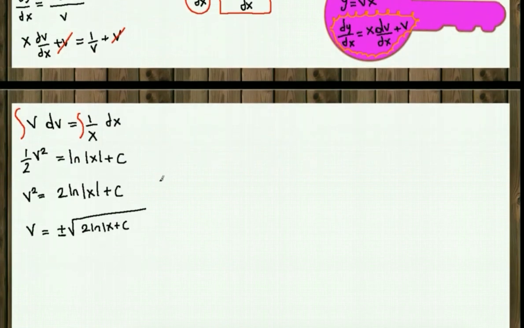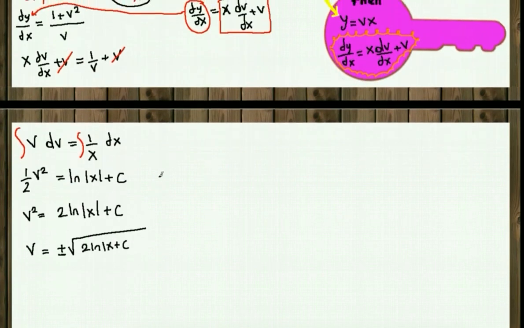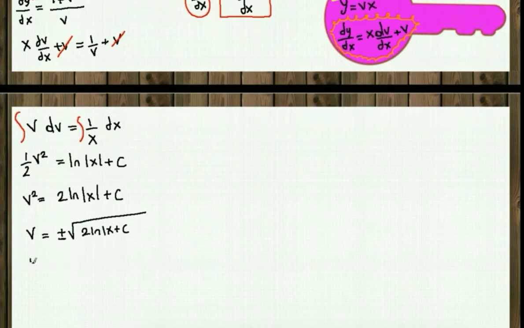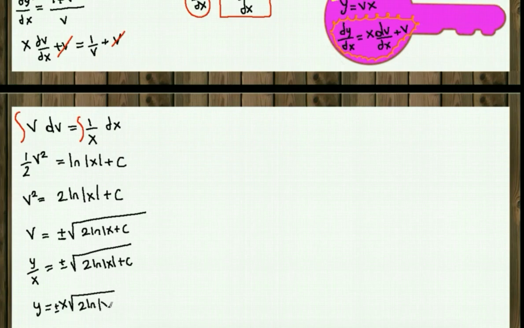So v was y over x, which equals plus or minus square root of 2 ln of x plus c, and times x, because we need to multiply both sides by x. So y equals x times plus or minus square root of 2 ln of x plus c.